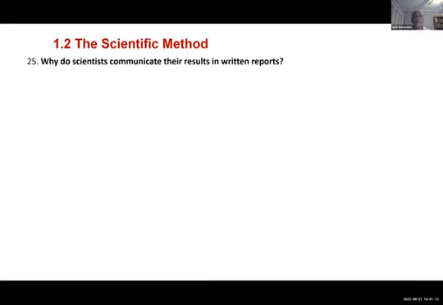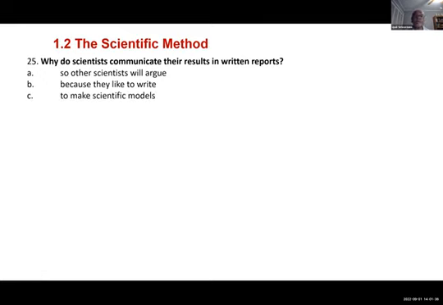Why do scientists communicate their results in written reports? So other scientists will argue? It sounded like a negative argue. You share it, not argue. Because they like to write? That's not true.